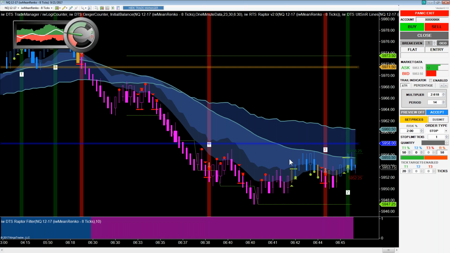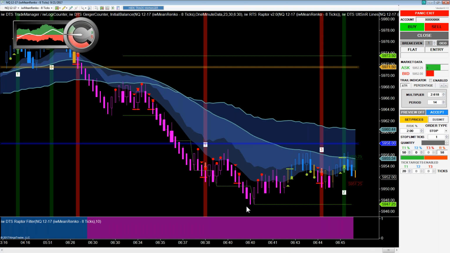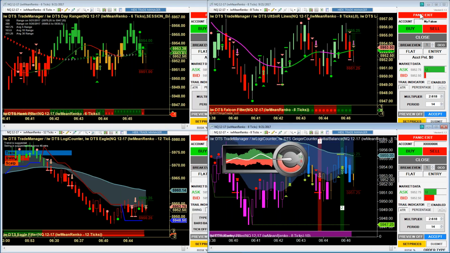The target, of course, the hard edge. We have a little bit of a mess now, don't we?